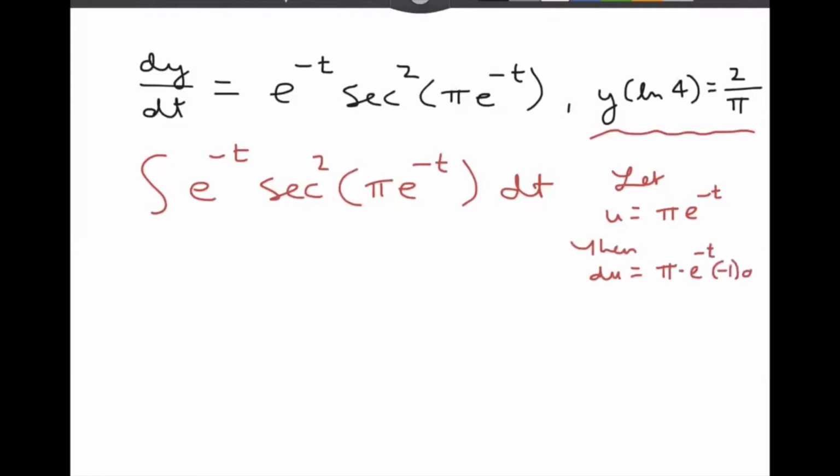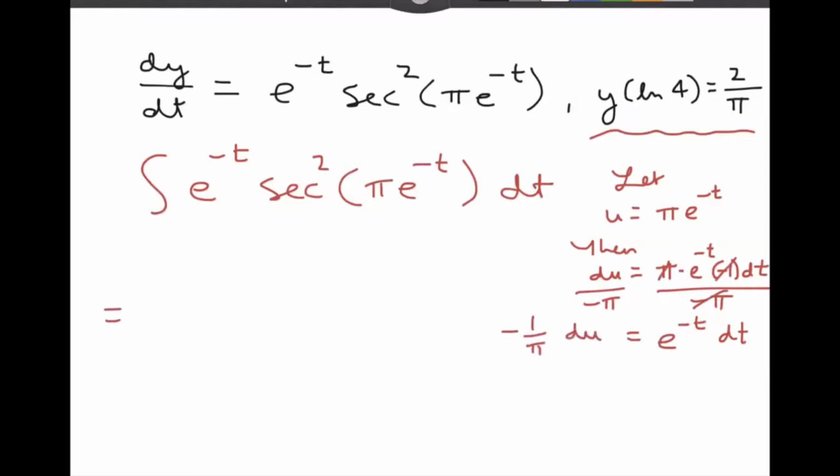Don't forget the dt. Okay, so we don't need the negative 1 and we don't need the pi. So let's divide both sides by negative pi, which means that e to the negative t dt is going to get replaced with negative 1 over pi du.